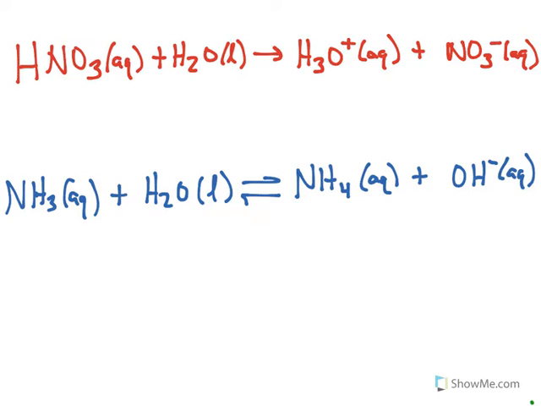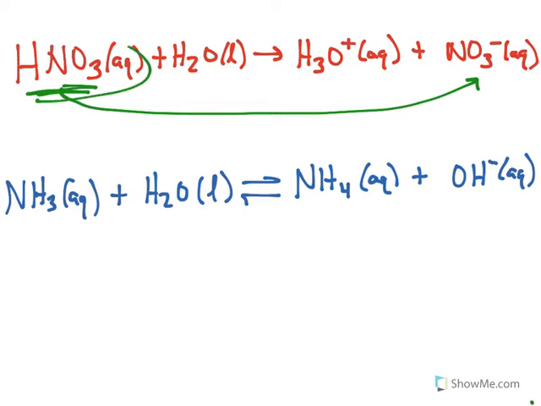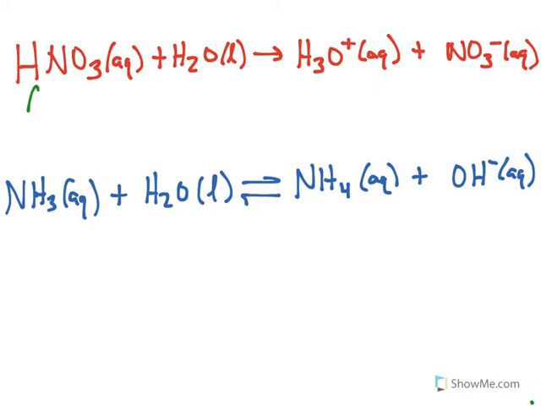But if you look, you can see that this HNO3 wound up releasing its only hydrogen to become an NO3 1- ion, a nitrate ion. Since this HNO3 donated its H, that is considered to be the acid. It donated the H over to something else.